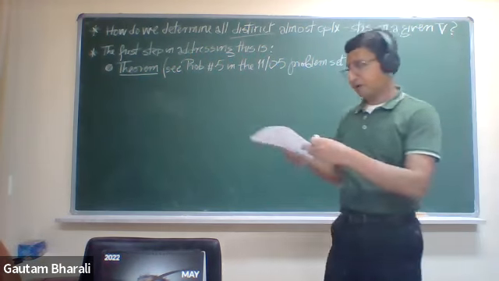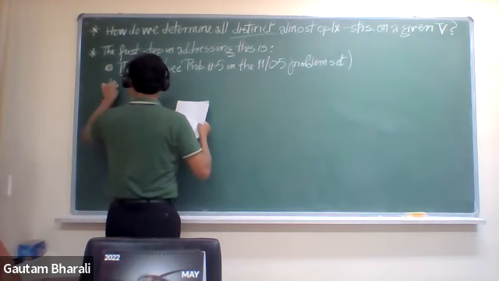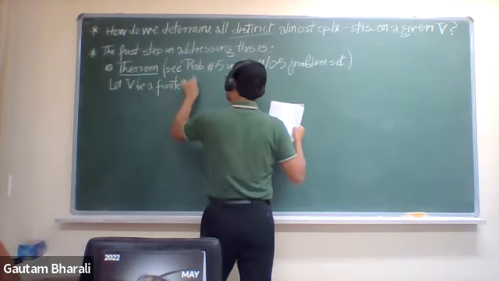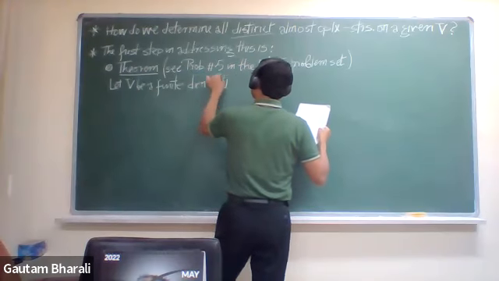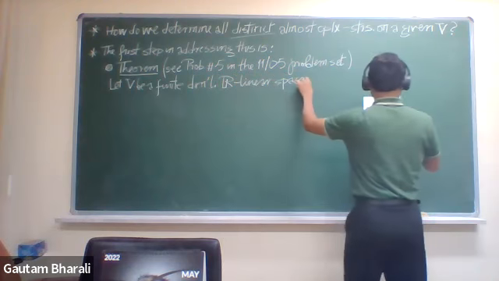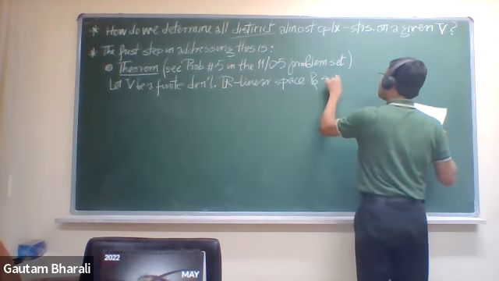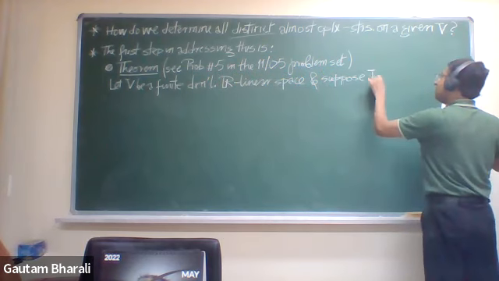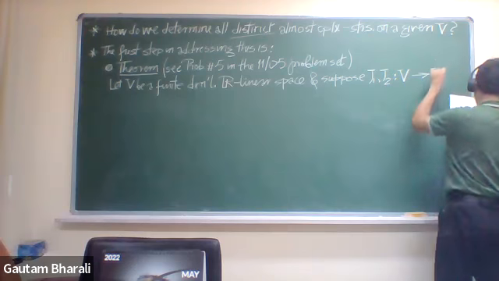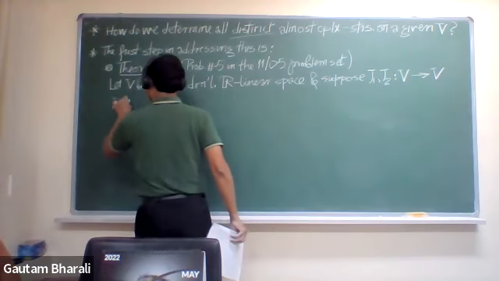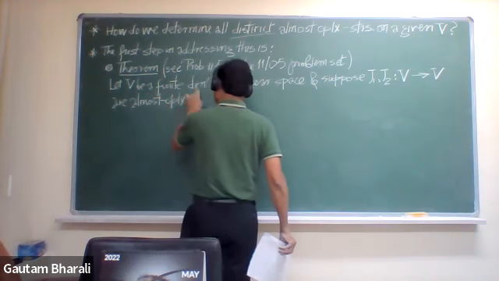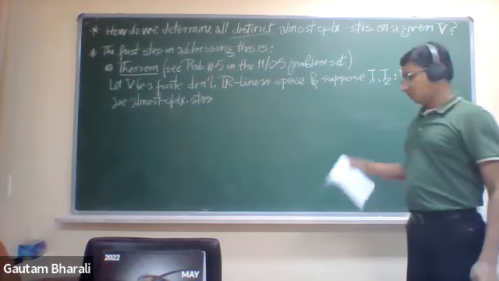Let me put the precise statement, and in fact, let me go with the notation I used there. So let V be a finite dimensional real linear space and suppose J1 and J2 from V to V itself are almost complex structures.